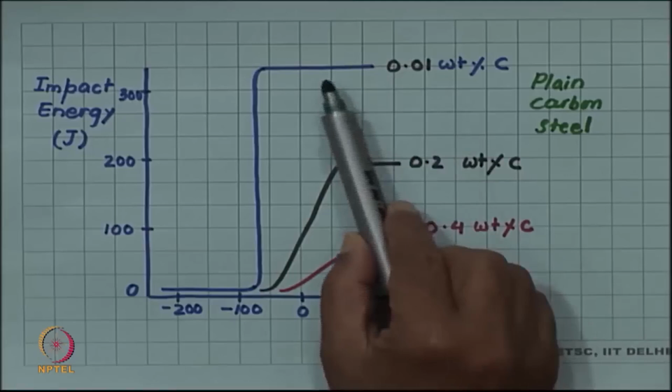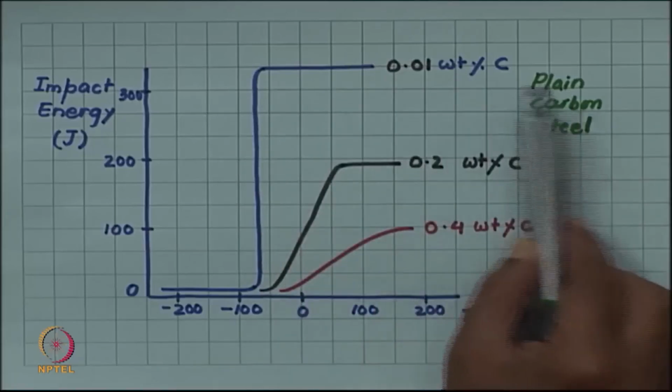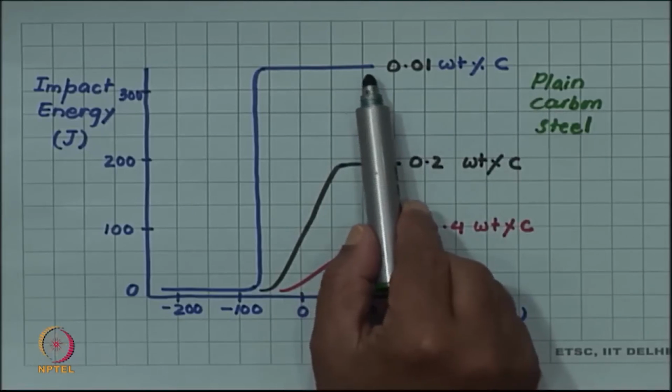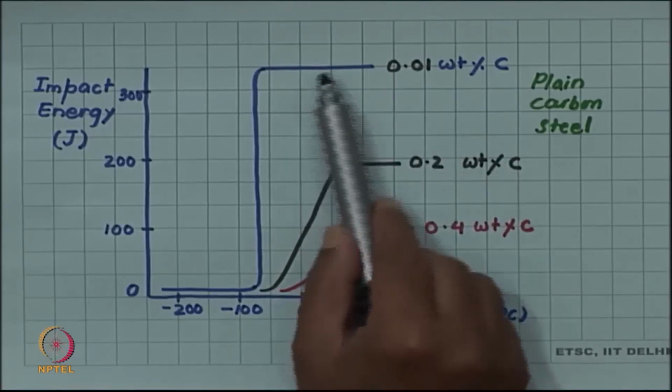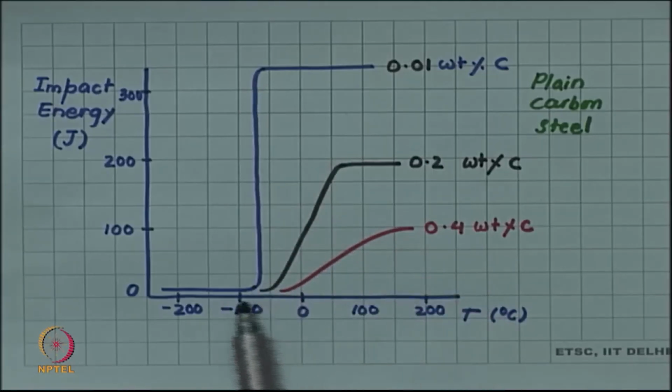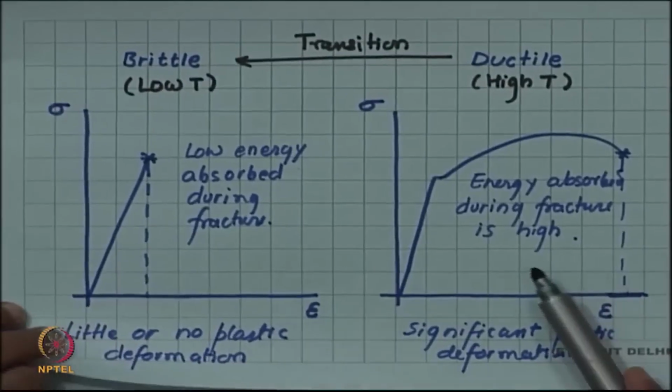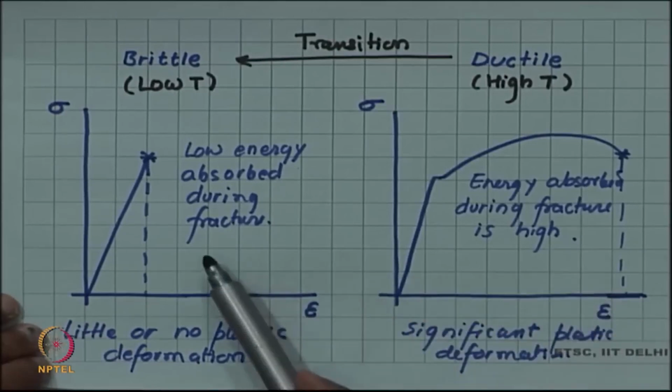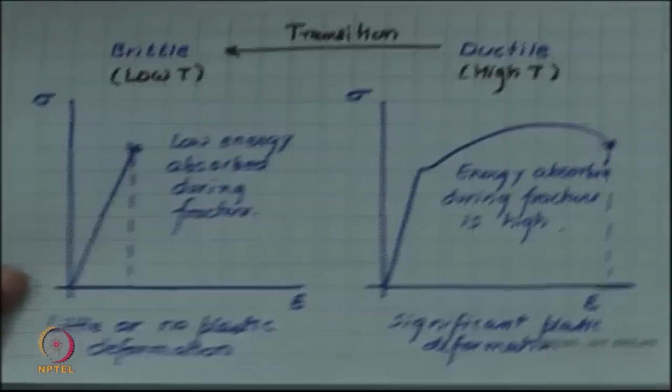So, for very low carbon concentration, let us say 0.01 weight percent carbon, you can see that the energy absorbed was very high on the higher temperature side. But then suddenly at around minus 75 degrees Celsius or so, the energy absorbed became very low and remains at that lower value at still lower temperature. So, when the energy absorbed was very high, remember energy absorbed is high during the ductile fracture and energy absorbed is very low during brittle fracture.